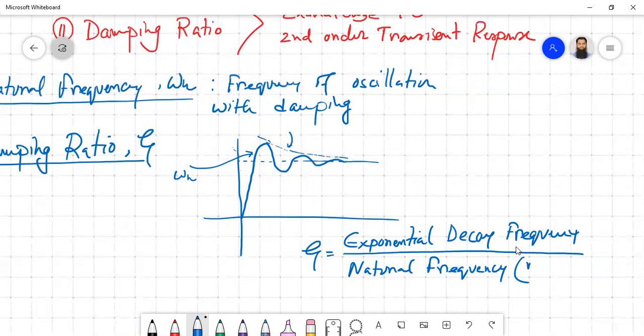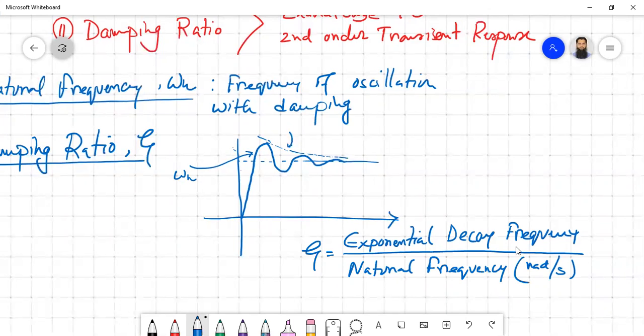Okay, so this is how it is defined. Now, one thing you have to be careful about is that this ratio is not time dependent. So this is a general pattern. If you have oscillation, it describes how this oscillation is decaying with respect to the natural frequency it possesses.